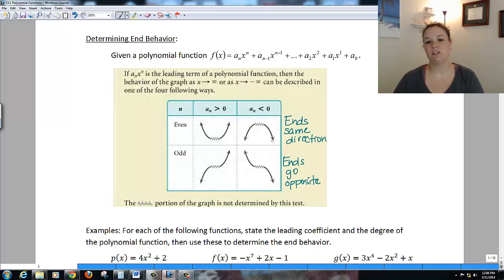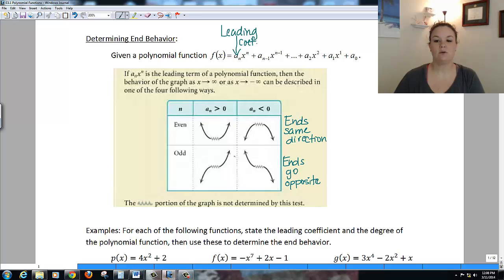But to determine which way it starts, we always look at the leading coefficient. Notice here, this is our leading coefficient, which for our leading coefficient, it's just the number part of our highest degree term. If that number is positive, okay, that's this column. It says a sub n is greater than 0.